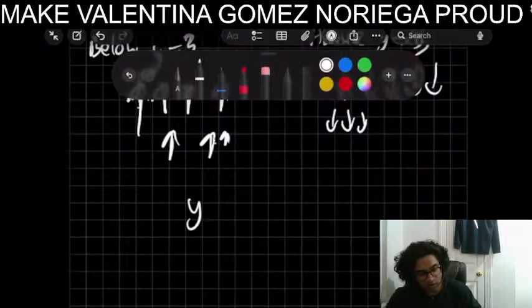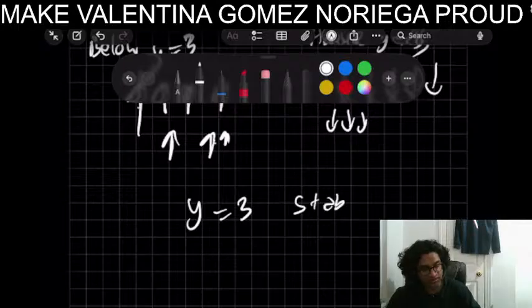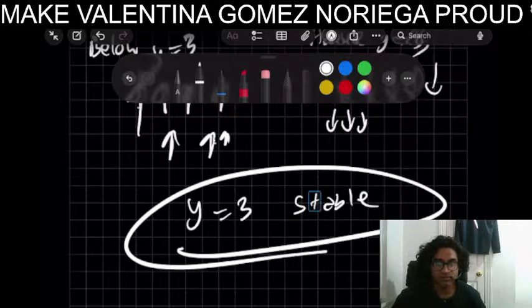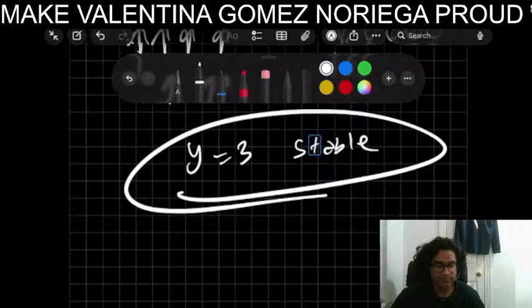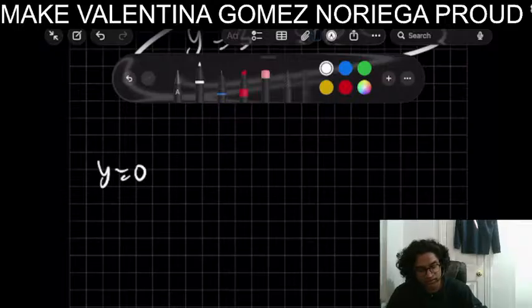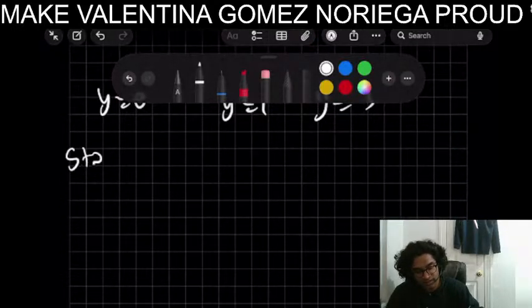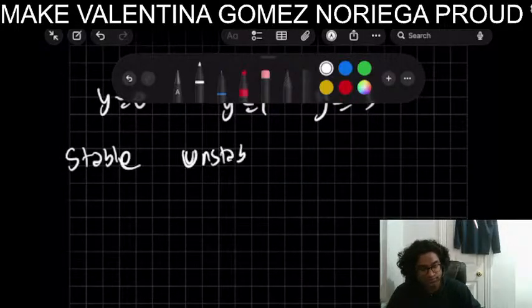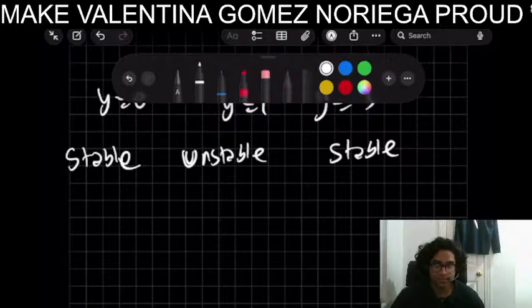So which means y is equal to 3 is stable. Right? So we have y equals 0, y equals 1, y equals 3 being stable, unstable, and stable. Cool?